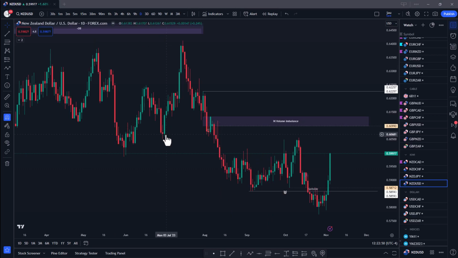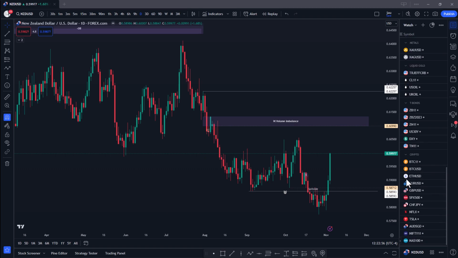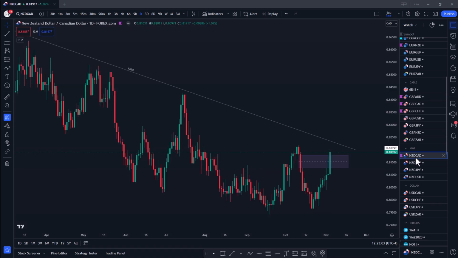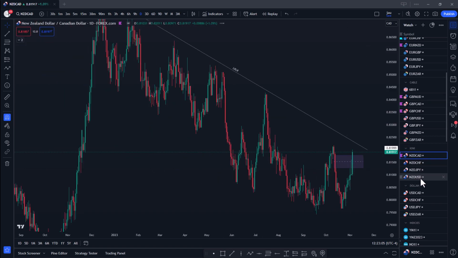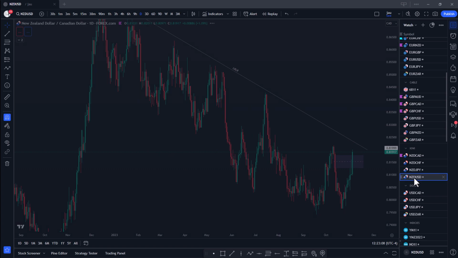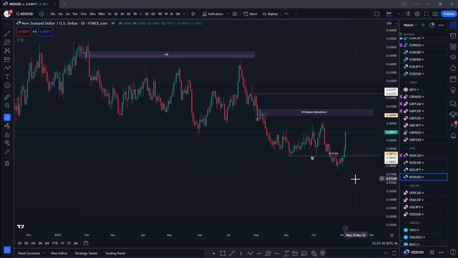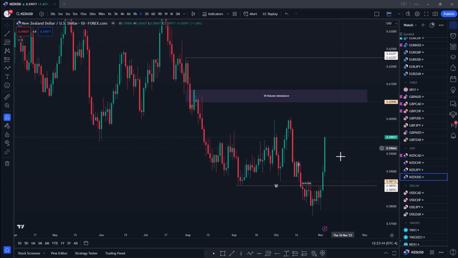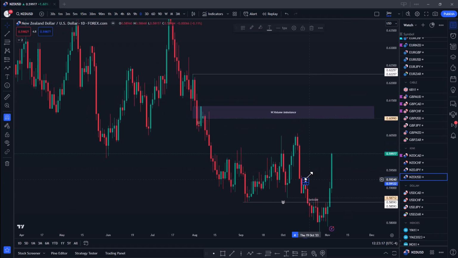The next and last one that I will be covering in this case is the NZD with the Canadian dollar. Of course, I'm not going to look at all these extra things down there, but I'll be looking at the NZDCAD. The reason I chose this was because firstly I said I was not going to focus on the dollar index, on any pair with the dollar for this week unless we get something solid. But of course we can still apply the same concept, the same 2022 model, intra-day, intra-session.